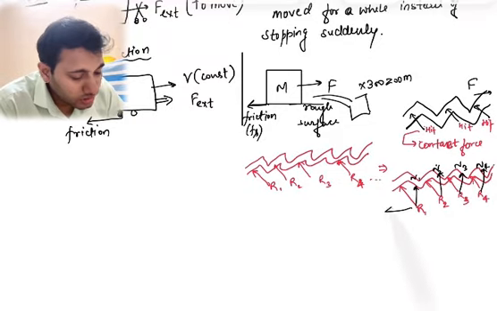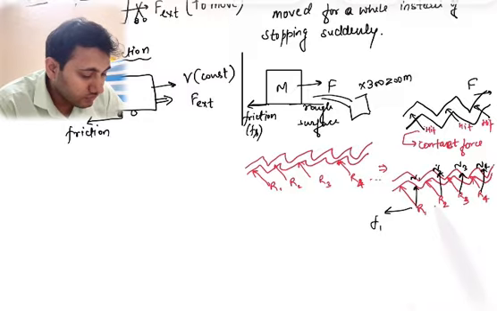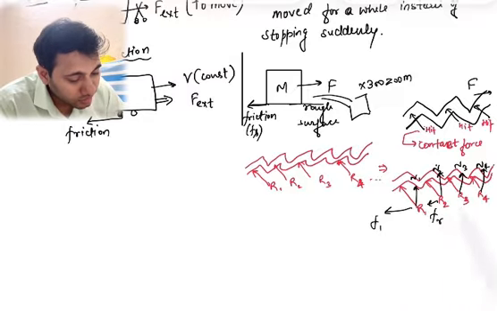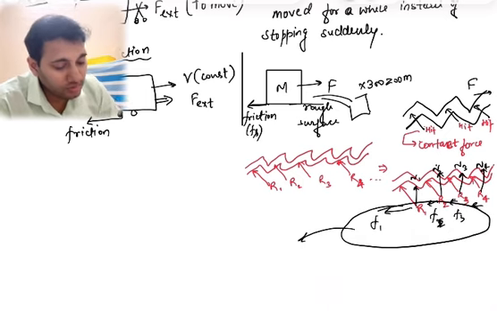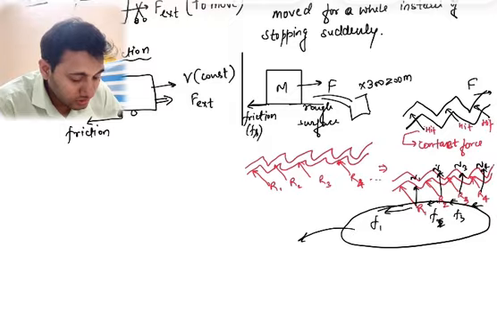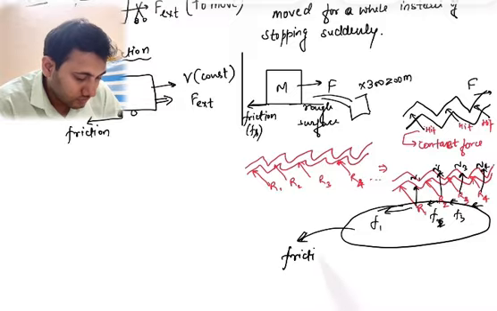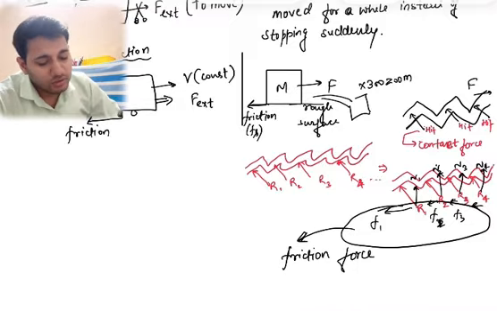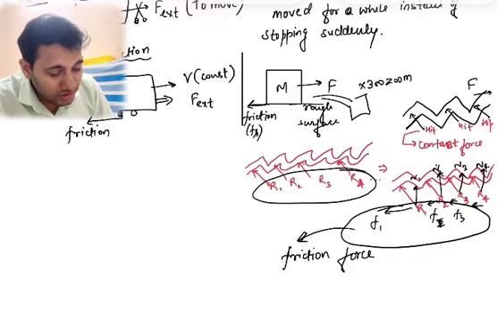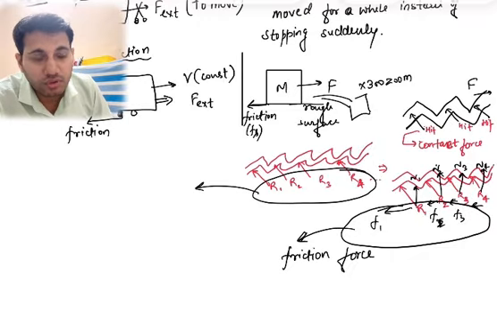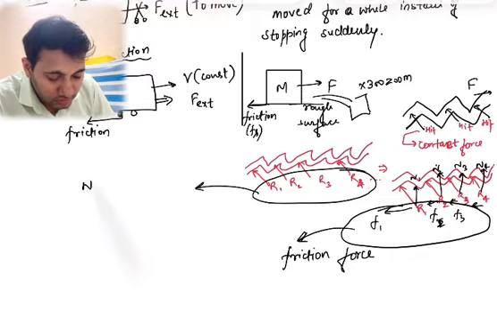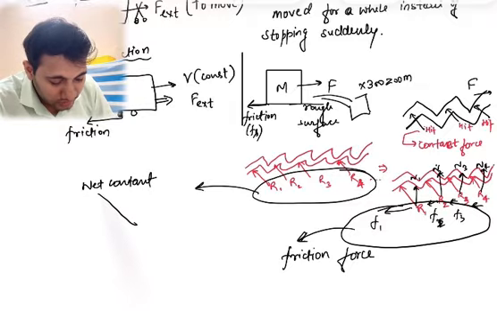And the horizontal components of these contact forces are nothing but friction forces F1, F2, F3, and so on. The resultant of these horizontal components of the contact forces is the friction force. The resultant or net of these contact forces is nothing but the net contact force. This is R net.